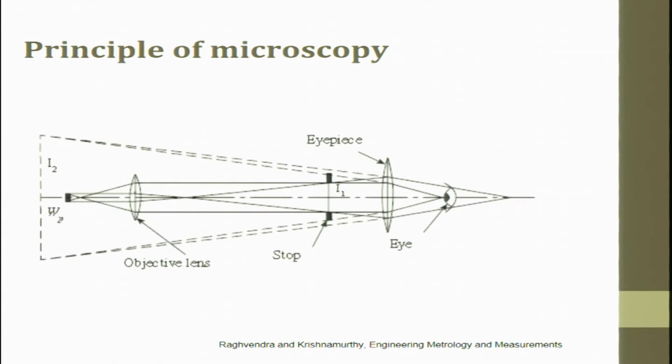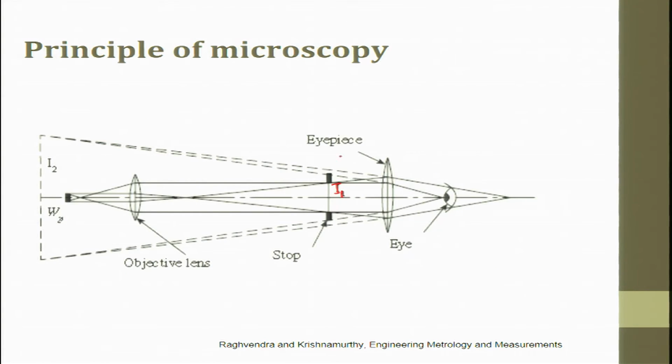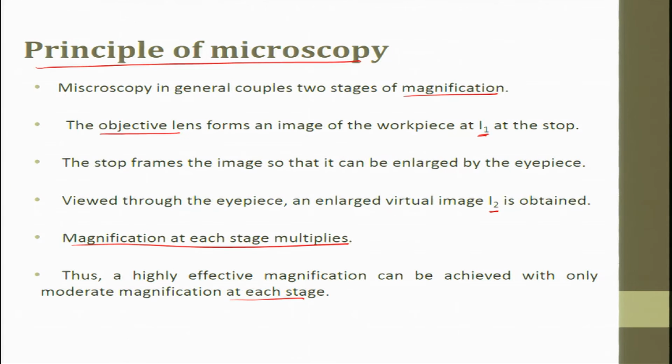When you look at it, this is what is I1 which I told you. The objective lens forms an image, this is objective lens, so this is objective lens side, okay. So, here you have, so the objective lens forms an image of the workpiece at I1 at a stop, then the stop frames the image so that it can be enlarged by the eyepiece.